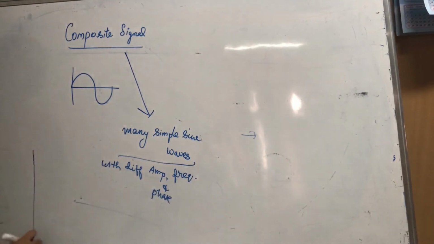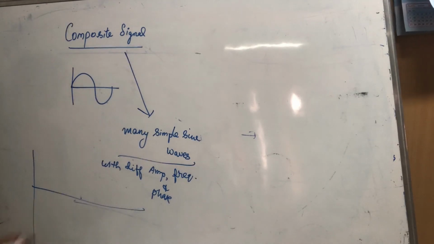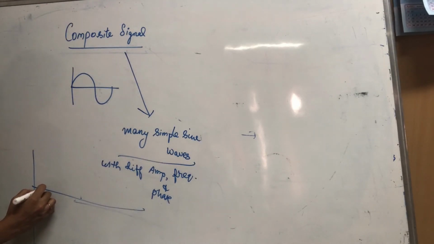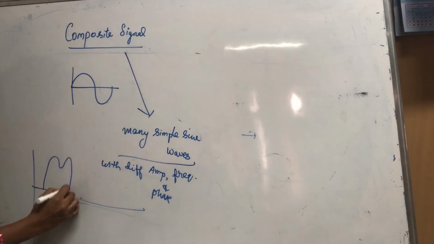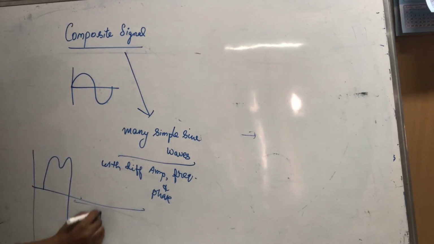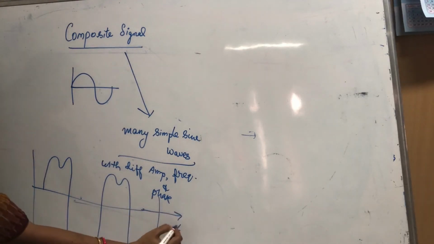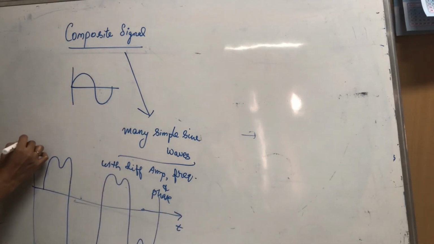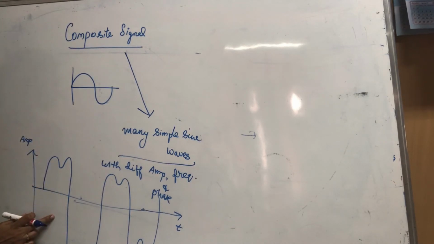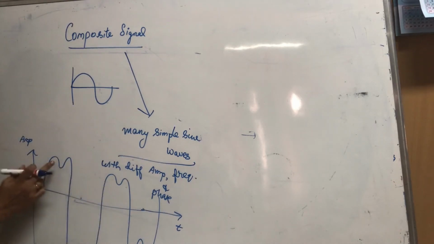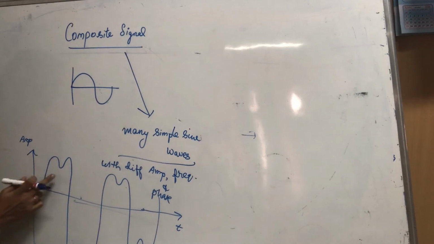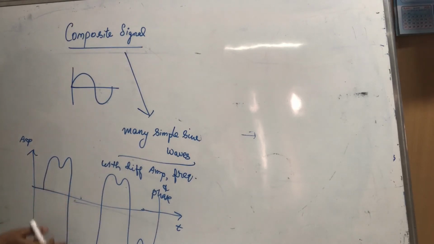I'll draw a simple diagram to explain the composite signal. It will be like this. This is a periodic composite signal, where each signal has a different amplitude, different frequency and different phase.